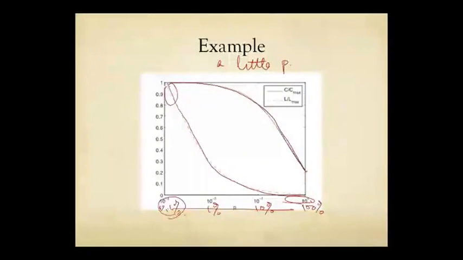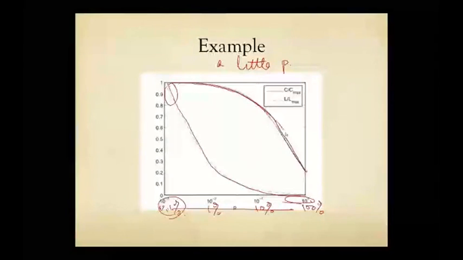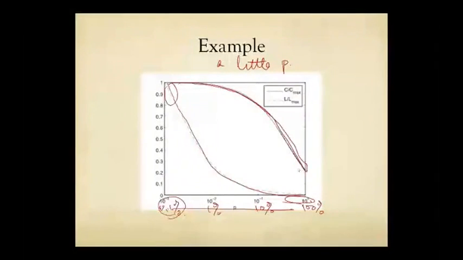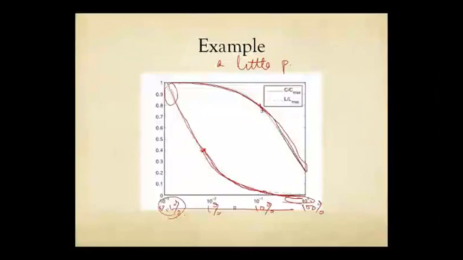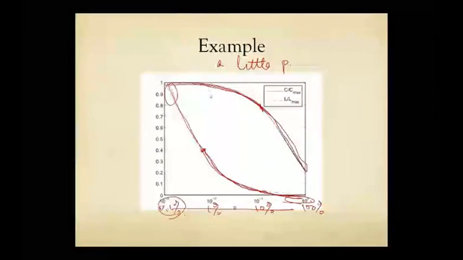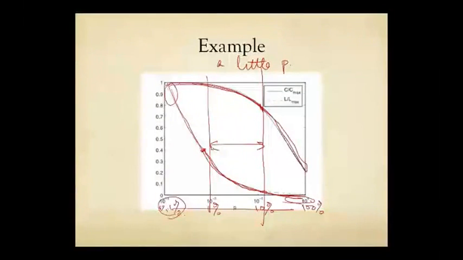What we want is for the C curve to stay at a high spot without bending over, and for the L curve to bend over. So we want an area around this part of the curve and this part of the curve. The intersection is somewhere in between. This space is a good range.